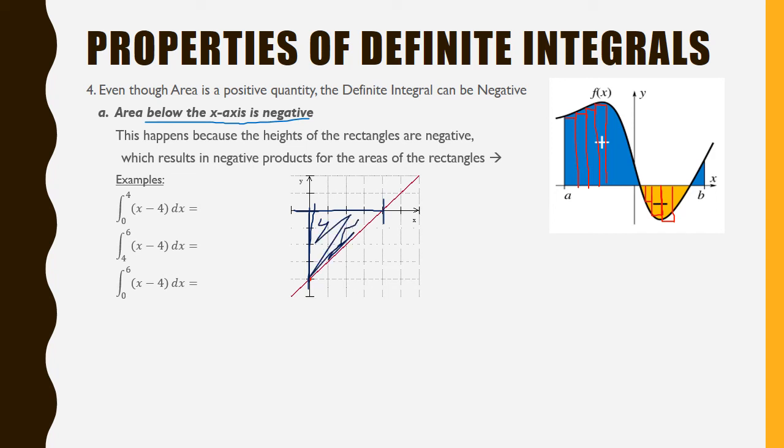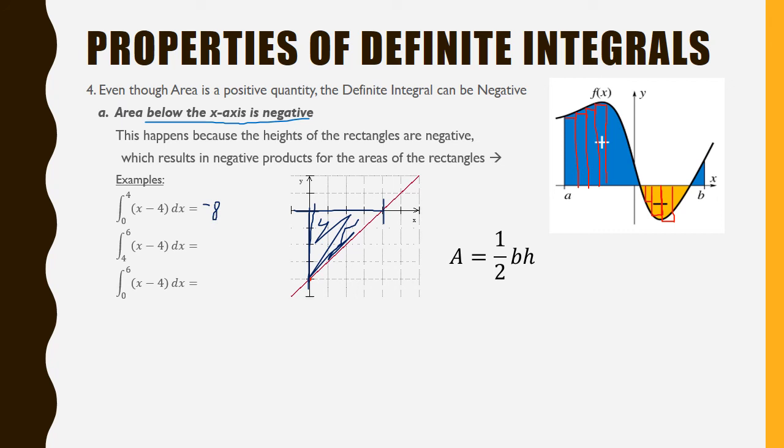Of course you can count squares. You can also use the area of a triangle formula, right? And that triangle happens to have base and height both 4. So 4 times 4 is 16, divided by 2 is 8. But because the area is all below the x-axis, our answer is going to be negative 8.